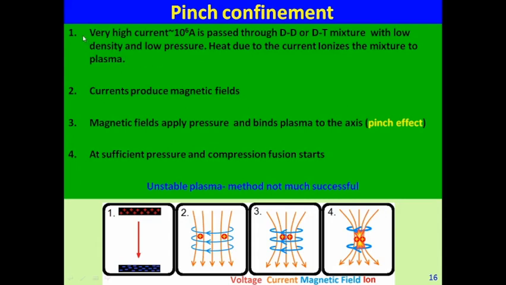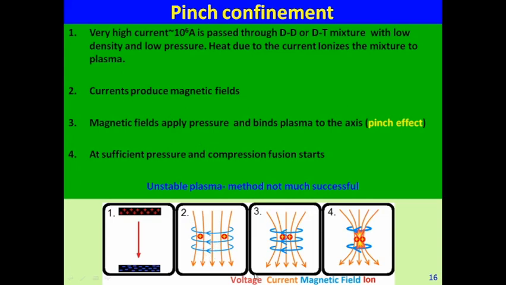So what is pinch confinement? This picture explains it. You apply a very high current, say approximately 10^6 ampere or greater, through a DD or DT mixture, deuterium or tritium mixture. So suppose this is the place where you are applying a current, that is, an electric field. These orange lines are all currents.